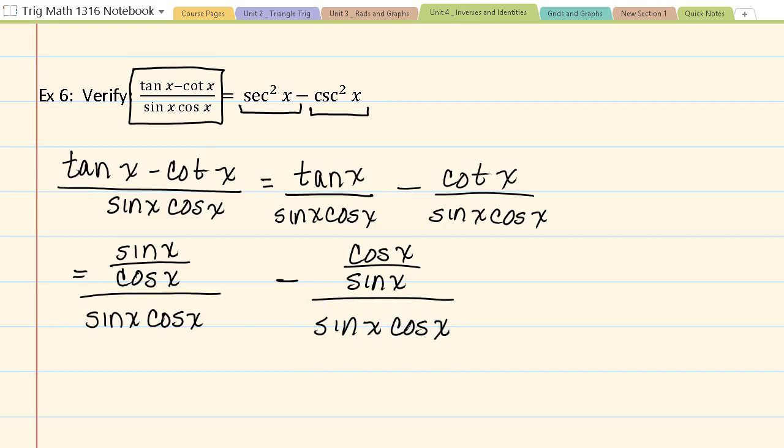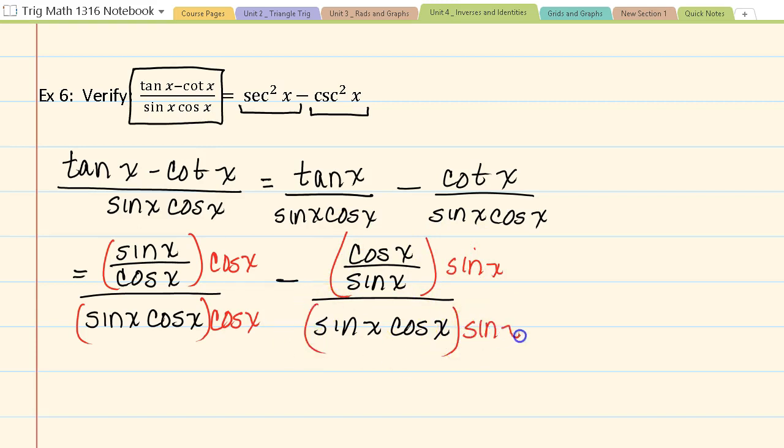So I'm going to get rid of those fractions inside of a fraction, so I'm going to multiply this one by cosine x, but if I do it at the top, I got to do it at the bottom. And I'm going to do the same thing over here, but I'm going to multiply by sine of x. But if I do it at the top, I got to do it at the bottom.